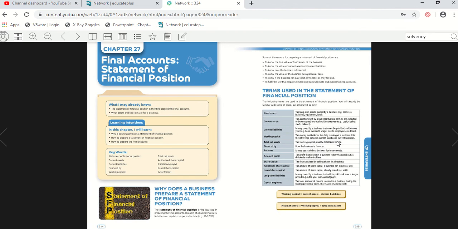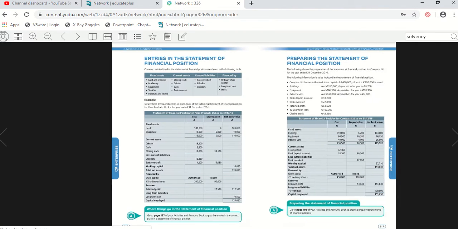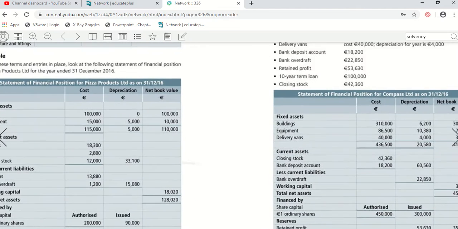In the balance sheet, we had current assets, current liabilities, and financed by. Here is an example of one.